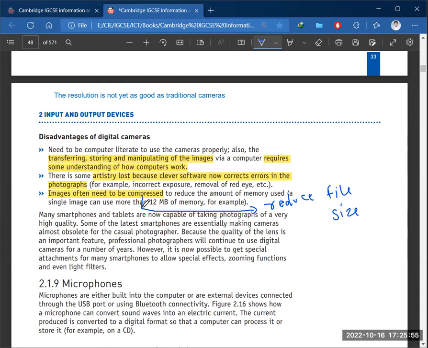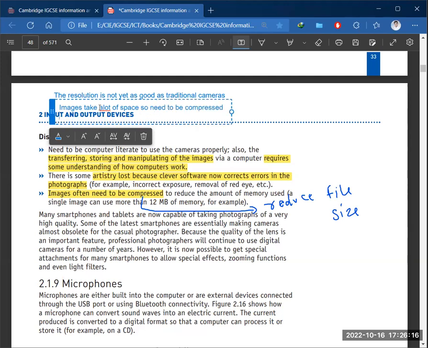So the point here would be, I'm writing a few more points on the top. Images take a lot of space and so need to be compressed. That's a disadvantage.